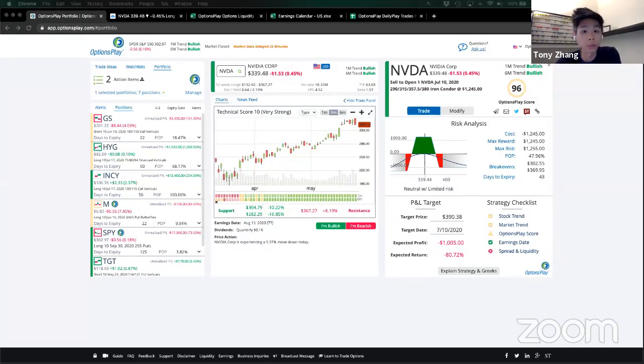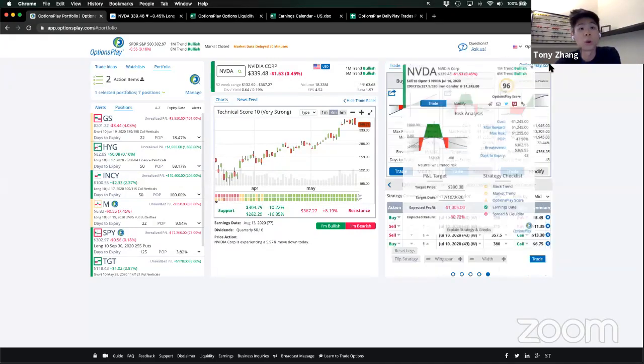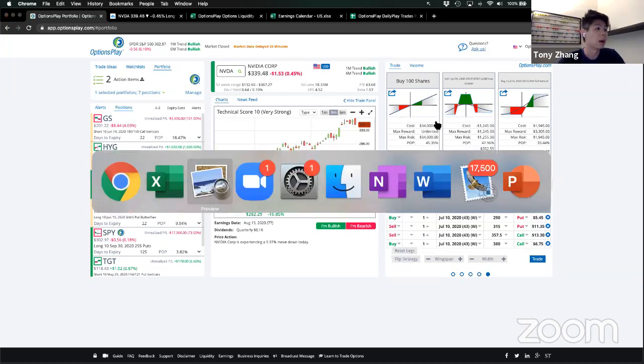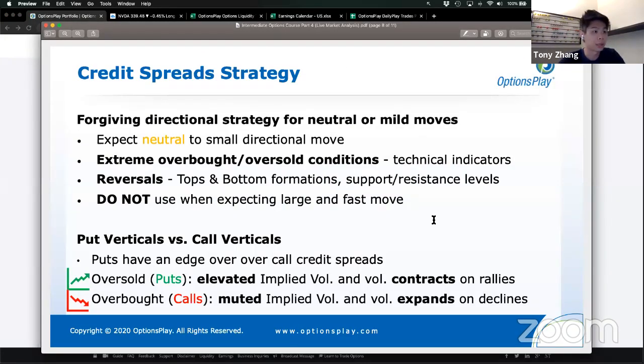So if you're collecting 1/3 of the width, then there's just one set of rules. If you're collecting less than 1/3 of the width, there's a different set of rules. And those are some of the things that we covered on our credit spread session, where we talked about if you collect less than 1/5 of the vertical spread, you want to cut losses at about a 100% loss, 100% of the credit that you received.